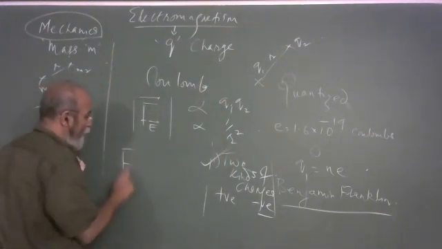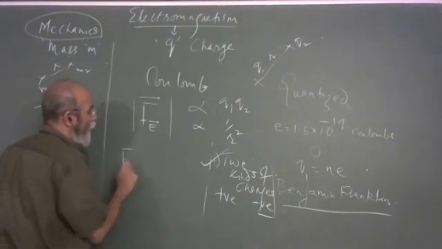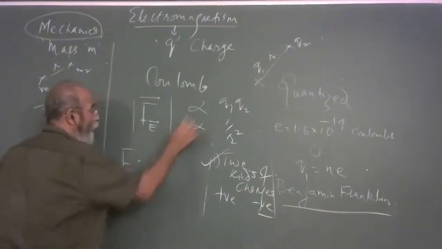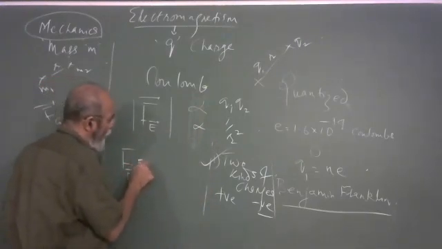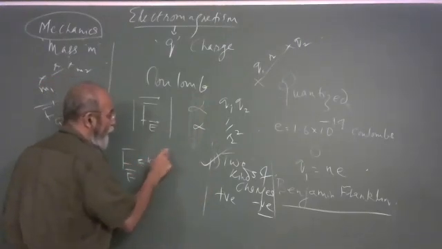And hence in magnitude, Coulomb's force is equal to, when this proportionality was removed, a K was put by Coulomb.